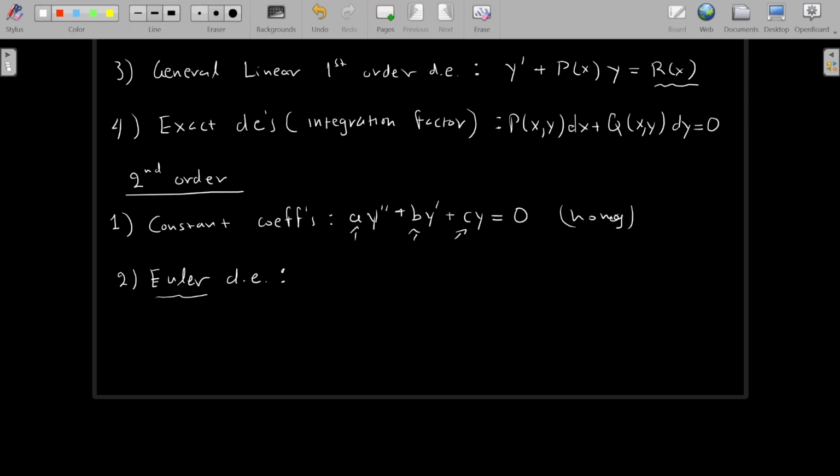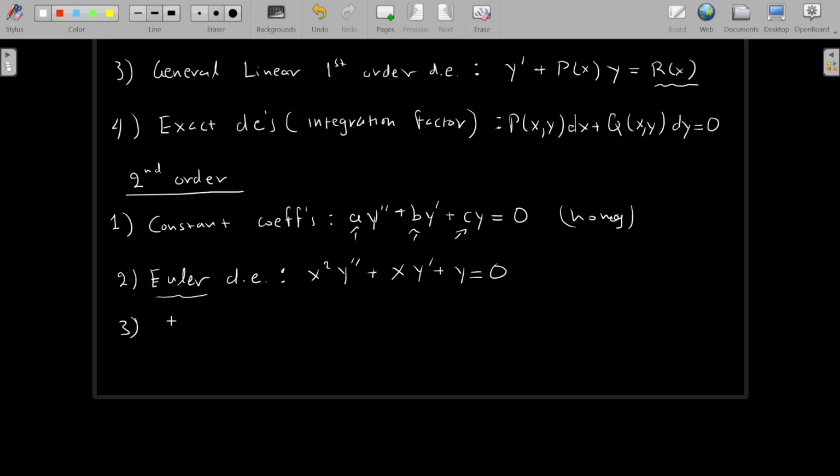Well, just write the second order one, so x squared y double prime plus x y prime plus y is equal to 0. This also can be non-homogeneous as well.